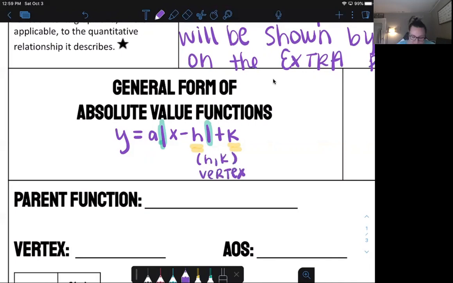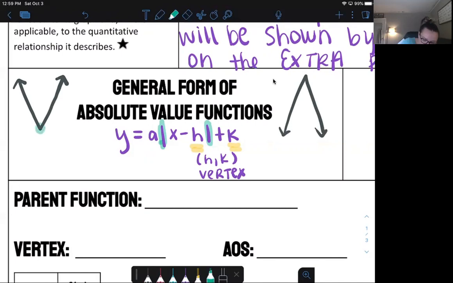So when we graph absolute value functions, you're going to get a V-shaped graph that's either right side up or upside down. And the point at the very tippy top or bottom of that V-shaped graph is what we call the vertex. That point is the vertex. It's where those two V-shaped lines come to a head.